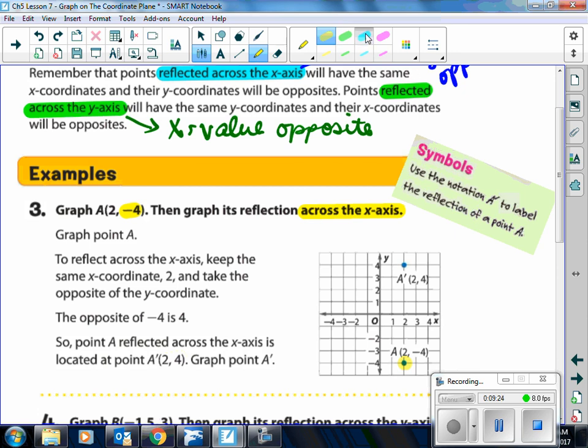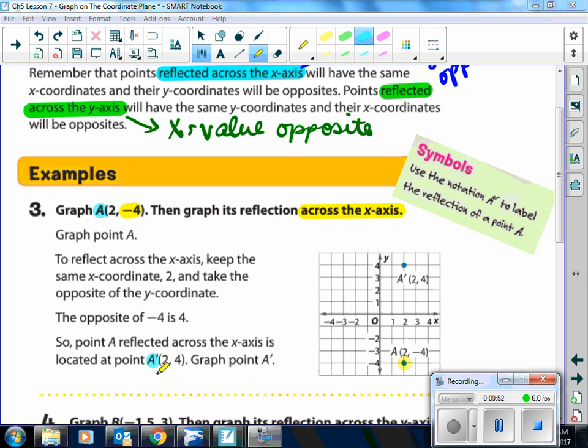Now, I want you to notice something about this A and this A. Do you notice anything? Good. So here, this A is the original. This A has that little apostrophe, okay? You will hear me call it a prime or a composite, okay? That means this is the reflected point.